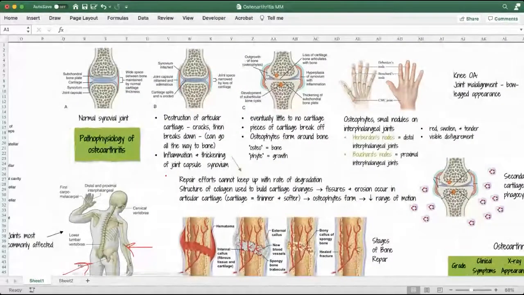So what's happening in osteoarthritis? This picture here is a normal joint. You can see the articular cartilage protecting the bone.